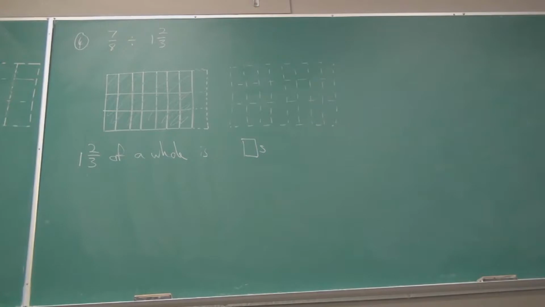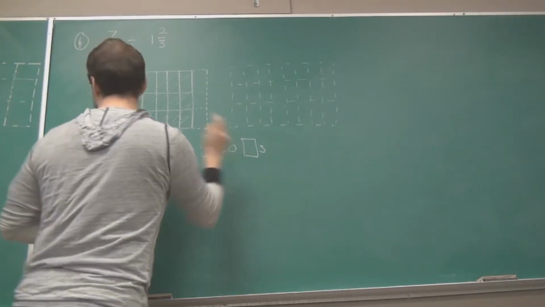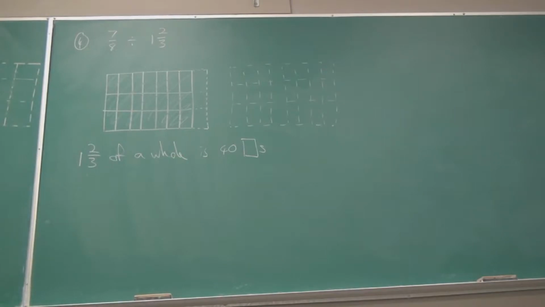So 1 2/3 is how many of those little squares? A lot. How many? I think 40. 40, yes. Nice. Why 40?